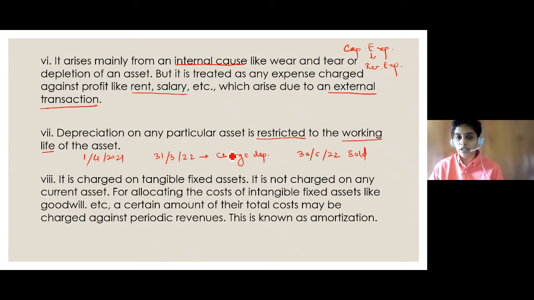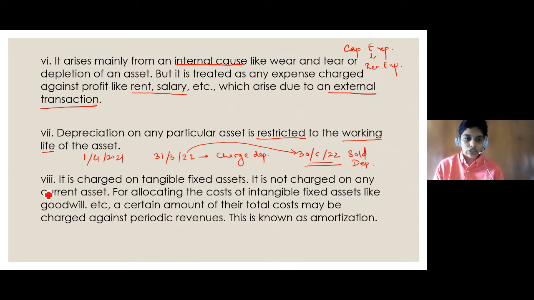So whatever depreciation is left from this day to this day needs to be charged on this day itself. So when it is sold on that day itself, I'll be charging depreciation. I will not do it at the end of the year because this asset is going out of my business. On that day itself, I'll be charging whatever depreciation is left over.